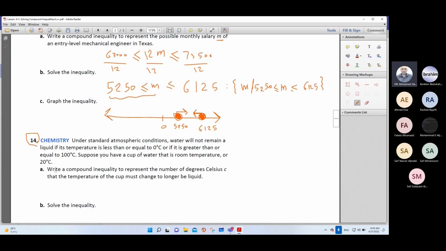Great. And here, as you see, write a compound inequality to represent the number of degrees Celsius.